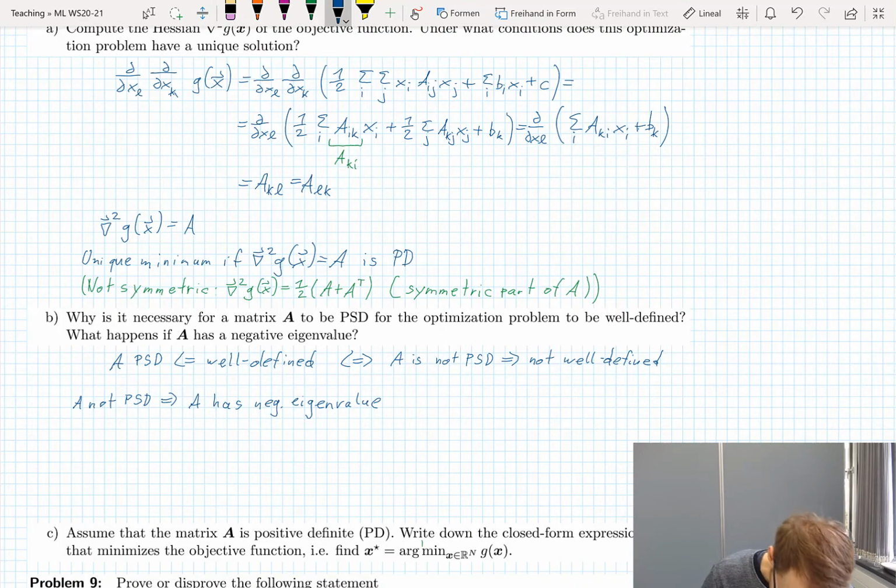So let's look at this eigenvector, the associated eigenvector. Let's call it v.